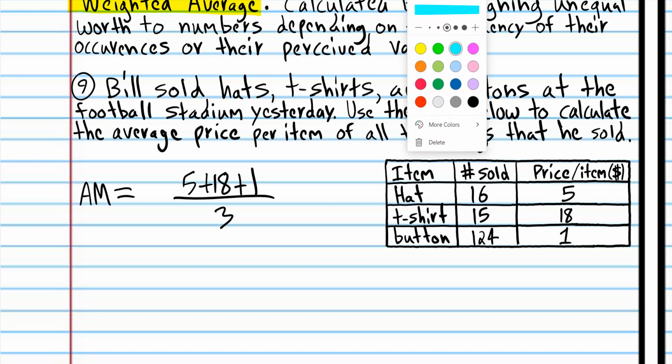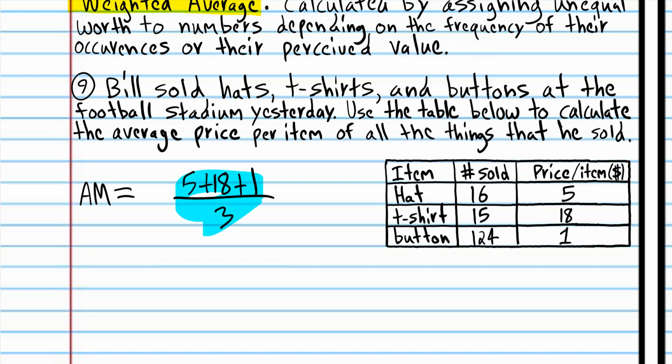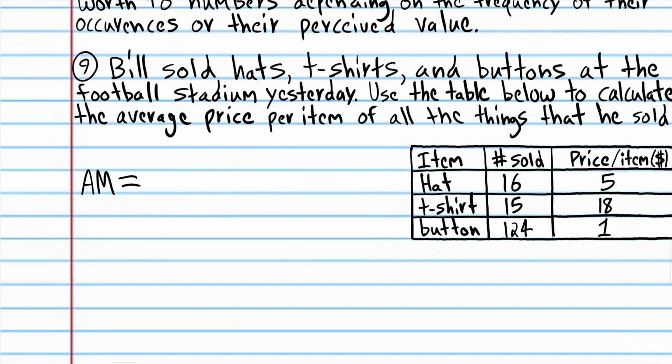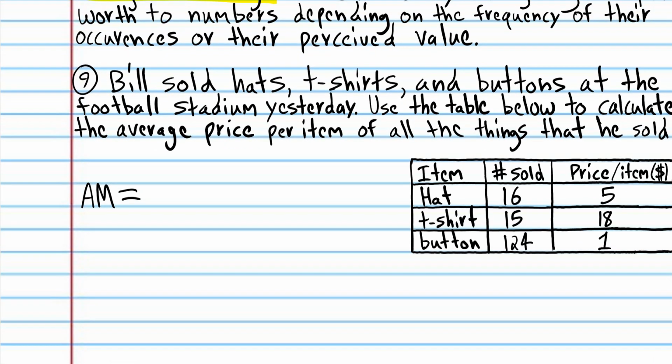So we're not going to add those numbers and divide by 3, because if you do that, you're giving equal weight to all 3 numbers. So what we're going to do is add 5 16 times, because each one of these numbers represents a sale. I'm not going to write it because there's not enough room.